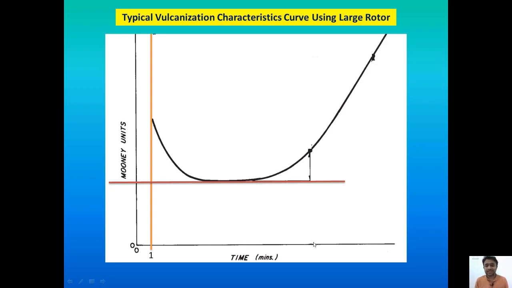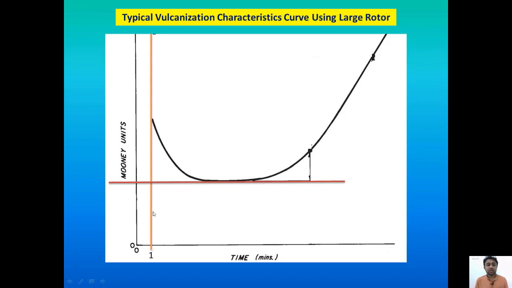The x-axis is time in minutes, and the y-axis is Mooney units. Actually it measures the torque, but it converts that torque into an arbitrary value called Mooney viscosity, which is termed in Mooney units.